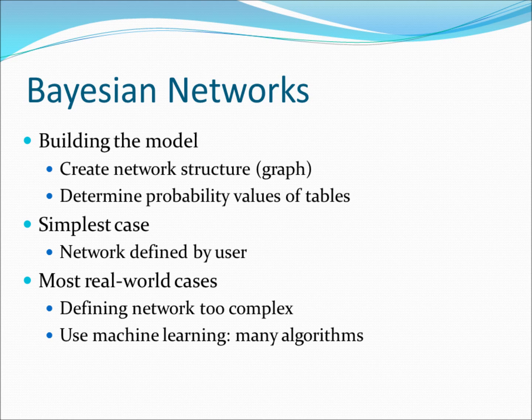Human beings know it. That's called the domain expertise. So in medical research, if you want to write a proposal for a grant, you definitely, in the team, need one medical doctor. They have the domain expertise to know the relationship between all the diseases and the symptoms. And then you determine the probability tables.